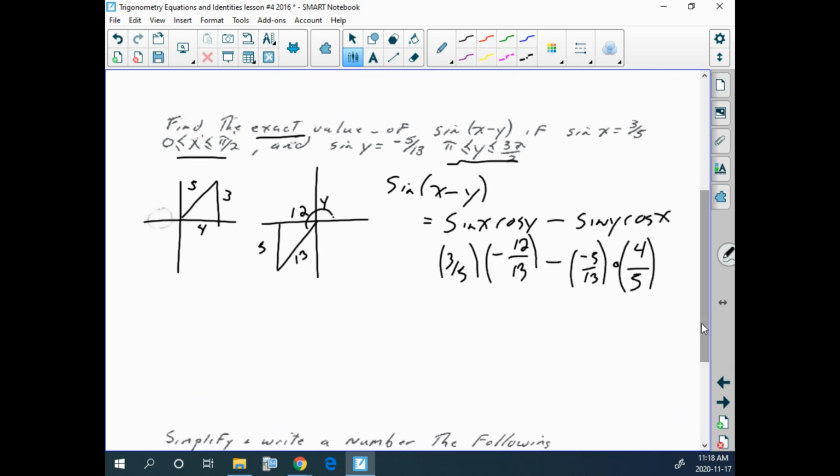What we have is negative 36 over 65 minus negative 20 over 65. So we have negative 16 over 65.